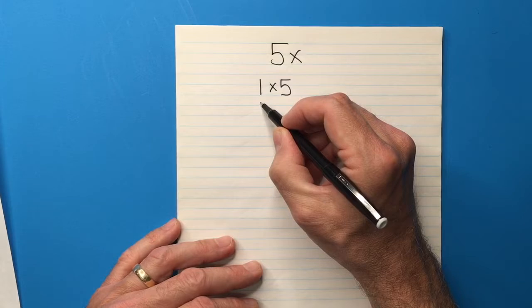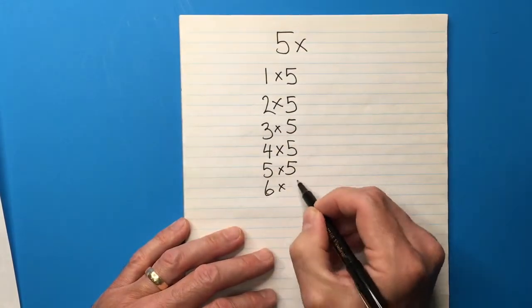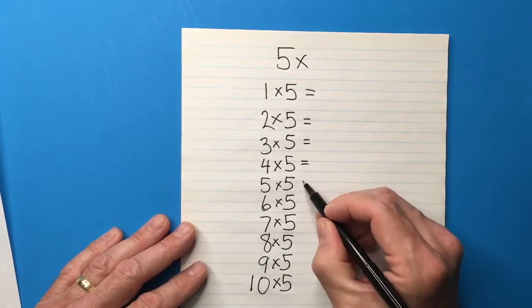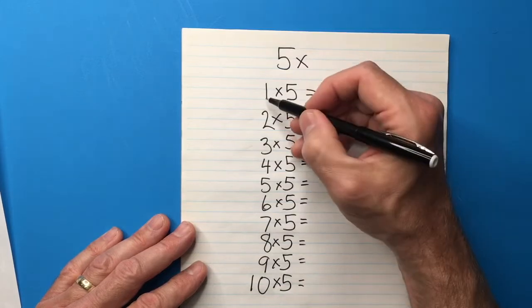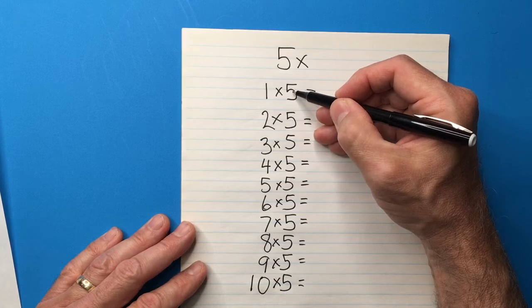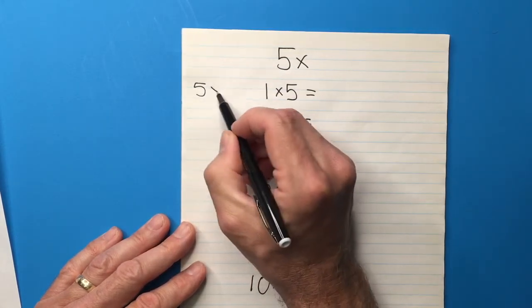So 1 times 5. So each time we're multiplying a different number between 1 and 10, we're multiplying it by 5. Okay? Now, I could have written this down in another way. I could have said 5 times 1.